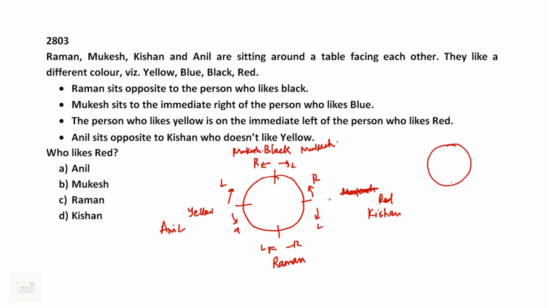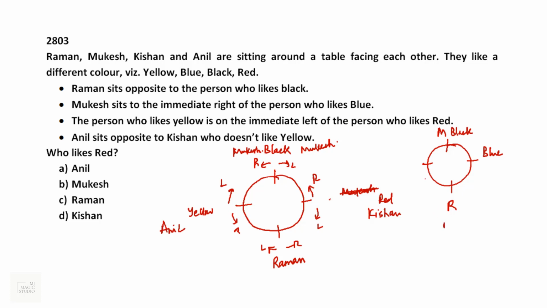Now, the sure positions: we have Raman, and here is Mukesh, who likes black. Mukesh sits to the immediate right of the person who likes blue, so this person likes blue. A person who likes yellow is on the immediate left of the person who likes red.